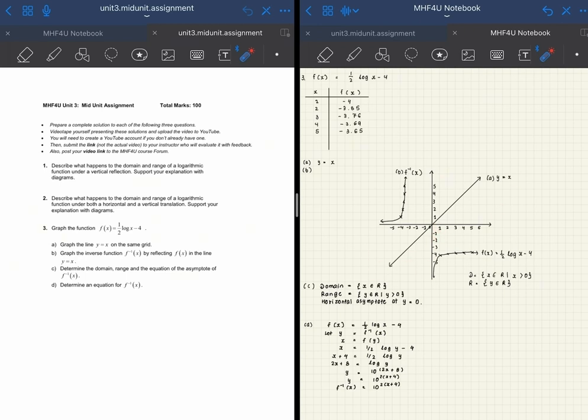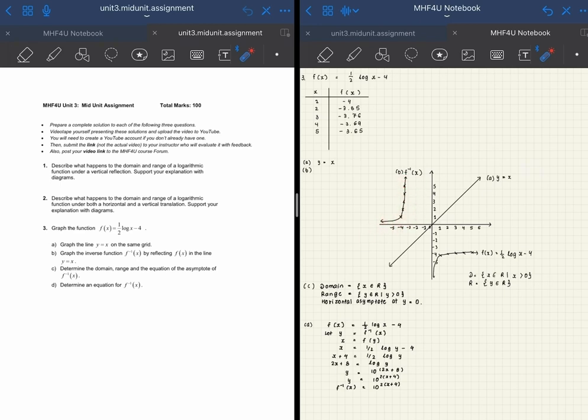And for part B, graph the inverse function f inverse of x by reflecting f of x in the same line, y equals x. So we are going to reflect this graph across this y equals x line. So here is f inverse of x drawn.